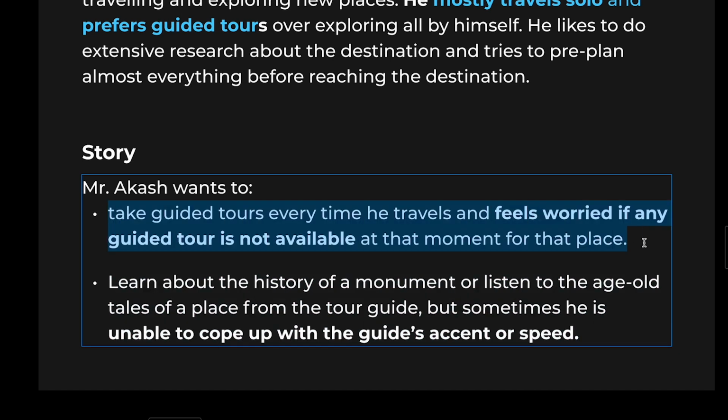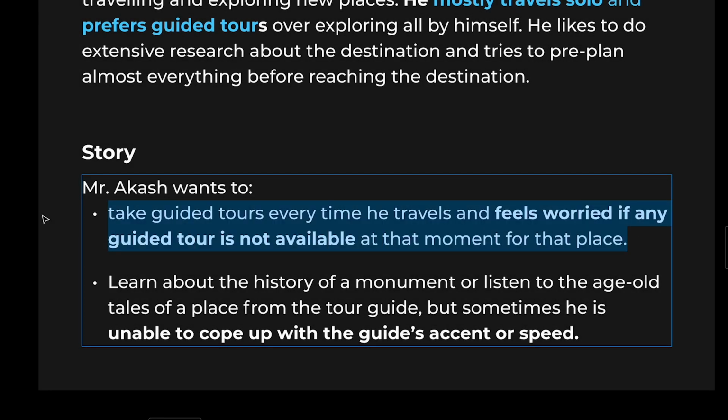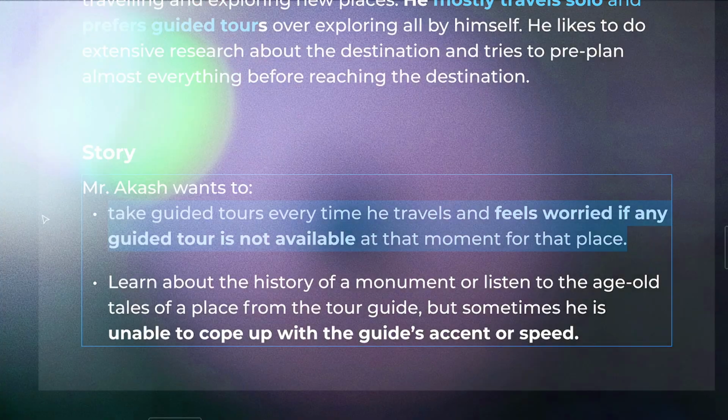Now, coming over here to this one, taking guided tours every time he travels and feels worried if any guided tour is not available at that moment for that place. Now, this thing is very interesting, and I'm going to explain why this doesn't make sense with a different example. Now, here I have a simple problem statement. Mr. X is a gamer, but is unable to find the best places to buy gaming equipment, right?